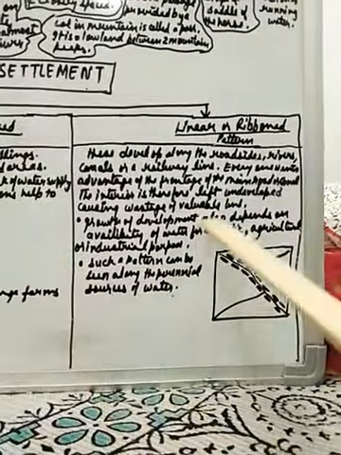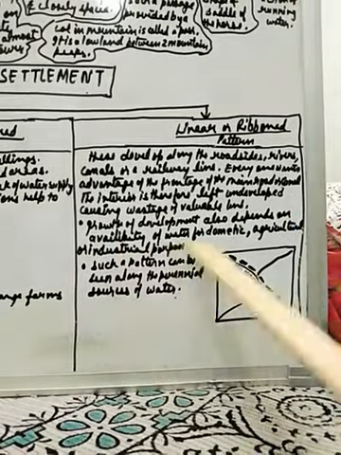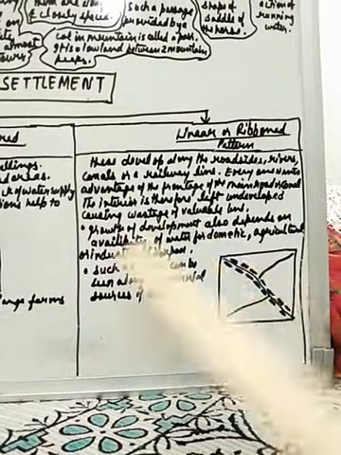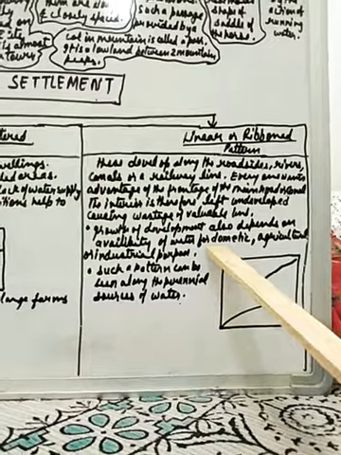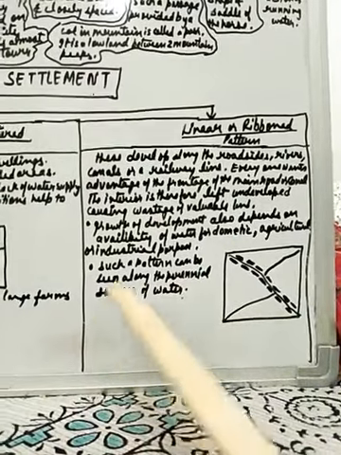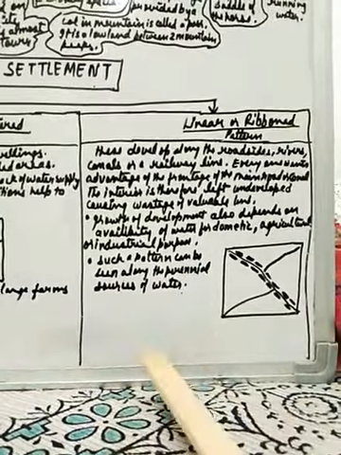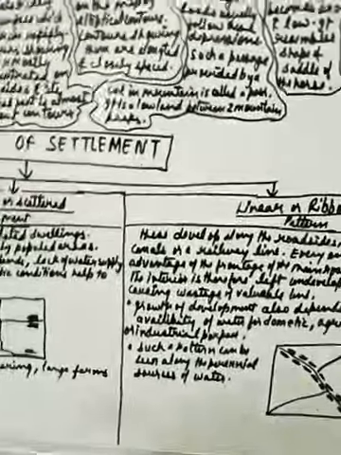Growth of development here also depends on the availability of water for domestic, agricultural or industrial purposes, and such a pattern can be seen along perennial sources of water. You can see the figure of linear or ribbon pattern here.